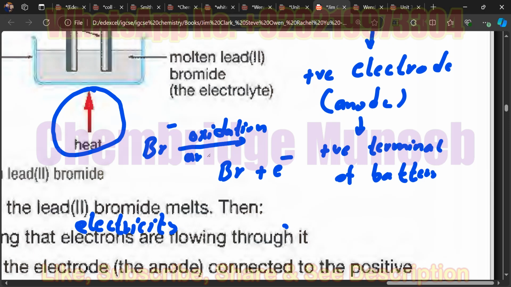This is oxidation happening at the anode, and this Br atom cannot exist singly. It has to bond with another Br atom which is also present on the anode. It will combine with another Br atom and convert into the Br2 molecule. This is a Br2 molecule.